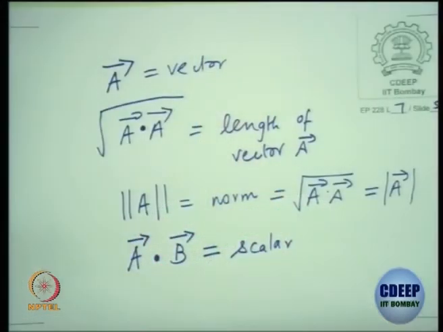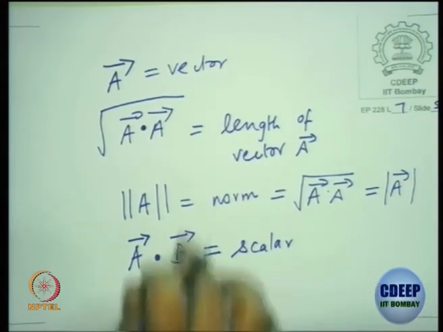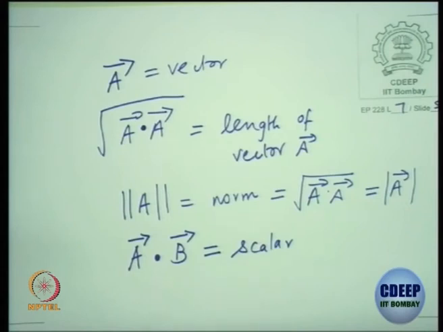Under rotation, A will become a new vector, B will become a new vector, but A dot B will remain the same. So, it is a scalar. And when B is equal to A, you get the definition of the length of a vector or norm of a vector.